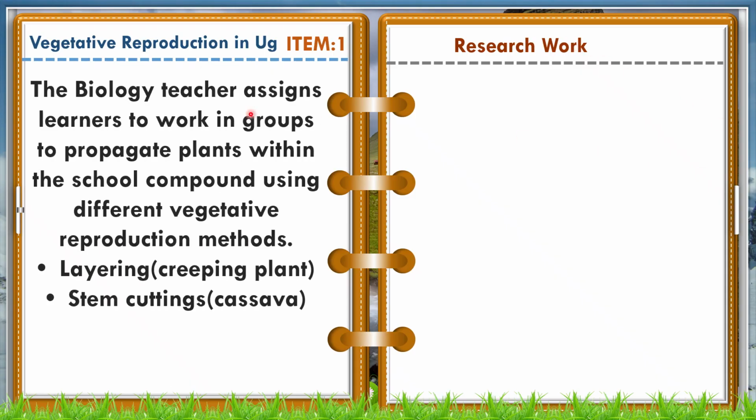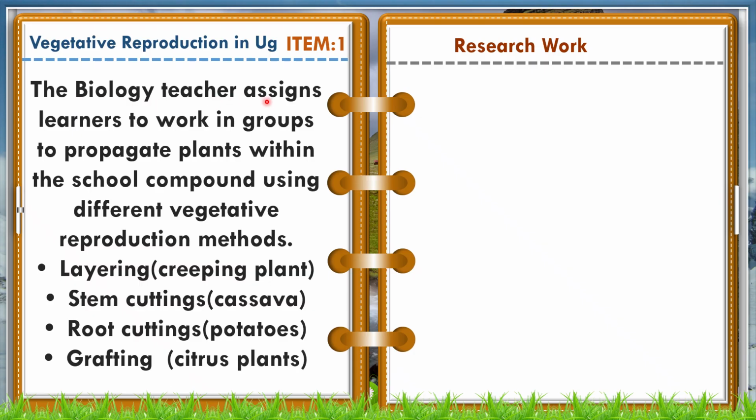Vegetative reproduction in Uganda. Item 1. Research work. A biology teacher assigns learners to work in groups to propagate plants within the school compound using different vegetative reproduction methods.